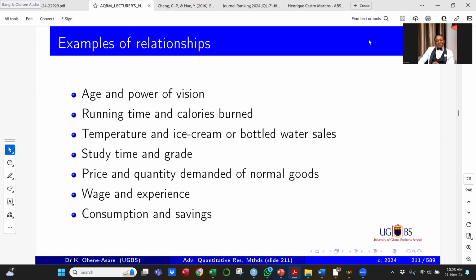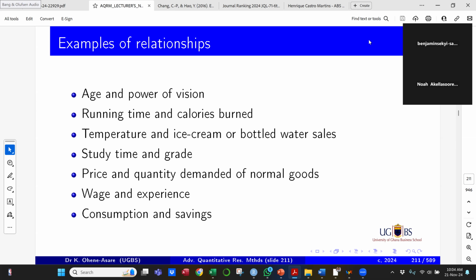Good. Obedaji, what is the relationship between study time and grade? Doc, the relationship is positive because the more you study, the higher your chances of getting a good grade. Very good.